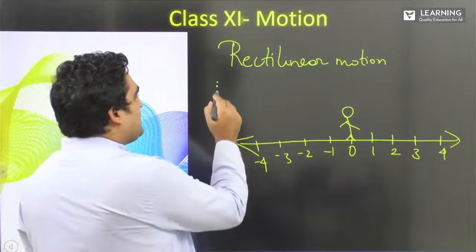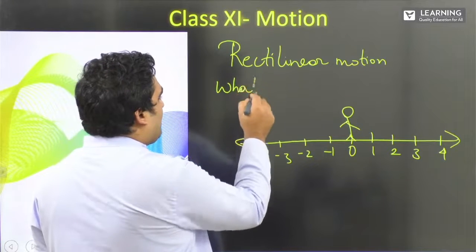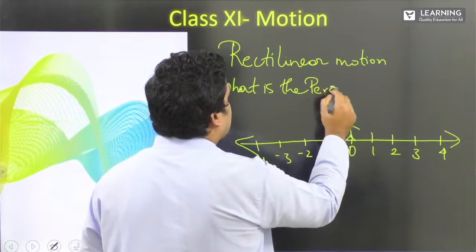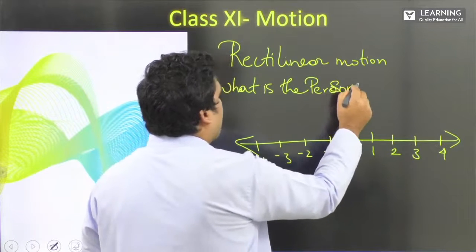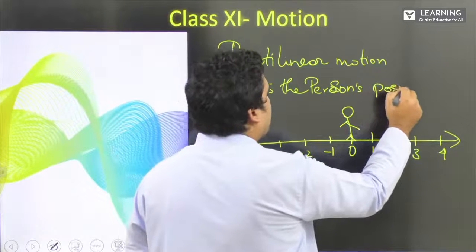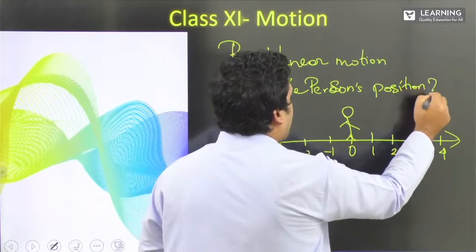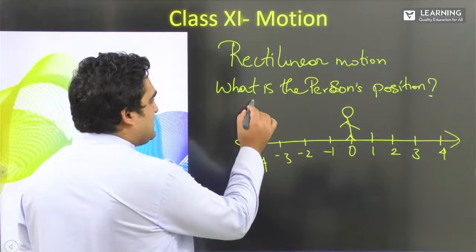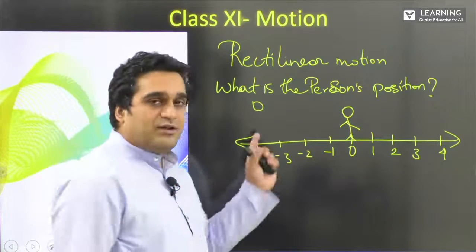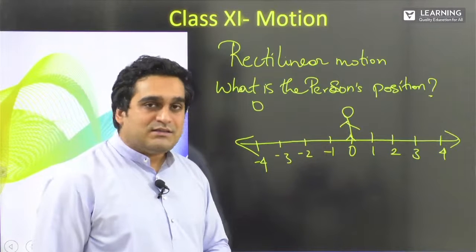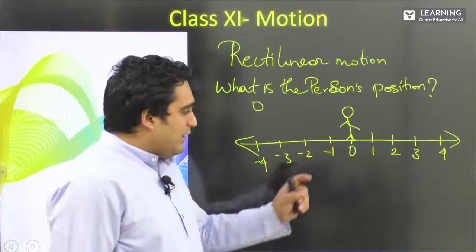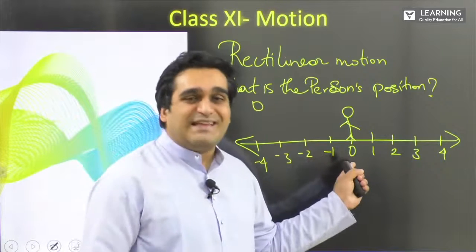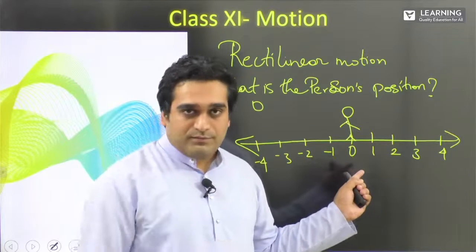So what is the person's position? In this case, it is 0. He is located at point 0. Now, this person who's located at point 0 is at rest at the moment.